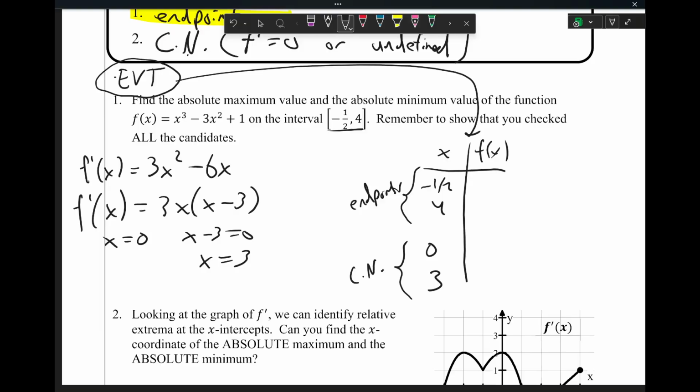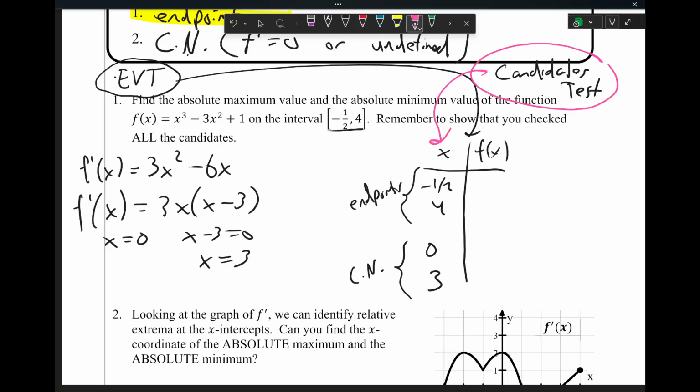These are the only possibilities. That's where it gets the name candidates test. The candidates are the things that are worth trying. If you want to add x equals 10 to your table, sure, but there's no chance of it being an extrema, so what's the point? Why would you do that to yourself?